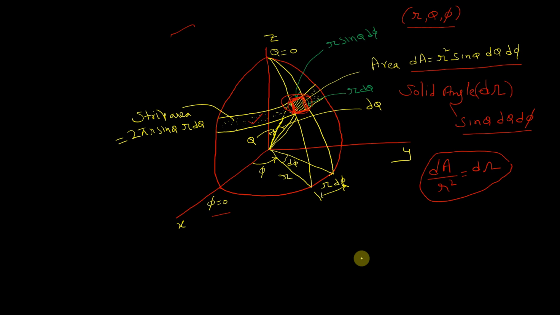Now if we need to find out the area of a sphere, we have to take this strip. If we integrate this strip for the value of theta, then we can find out the area of a sphere.